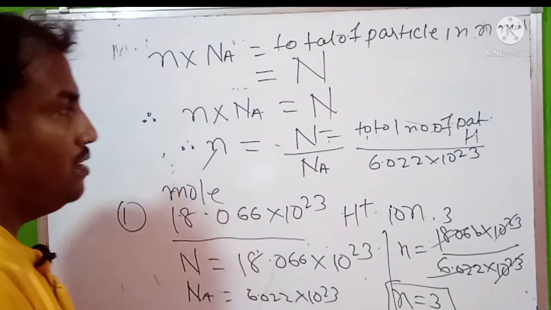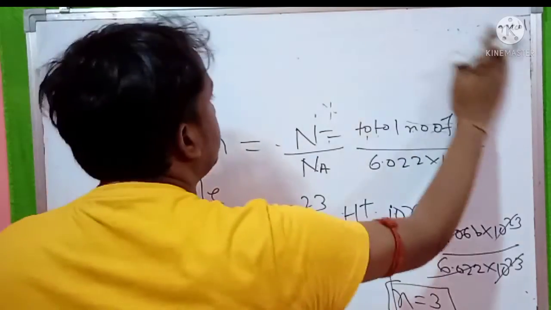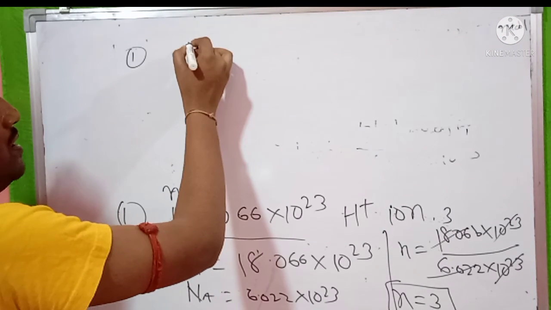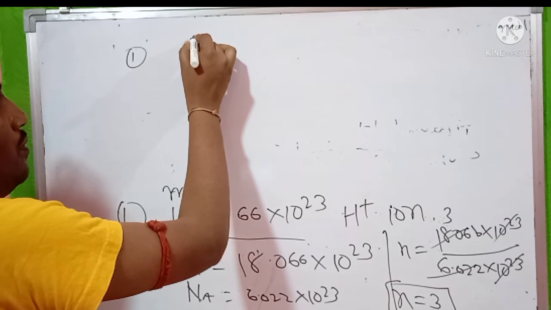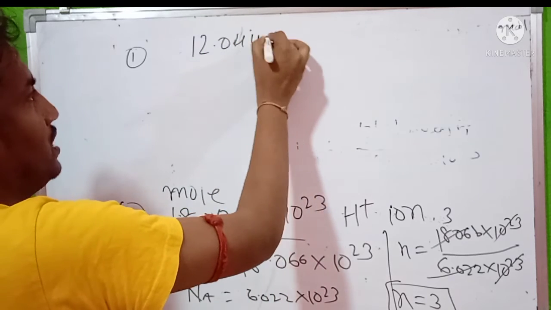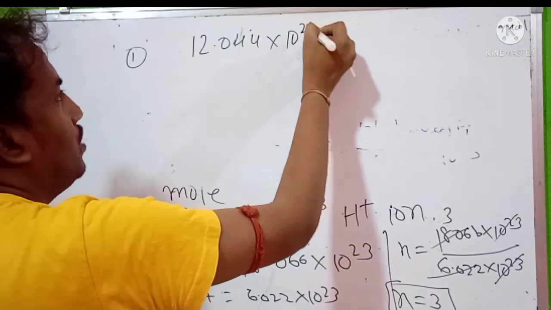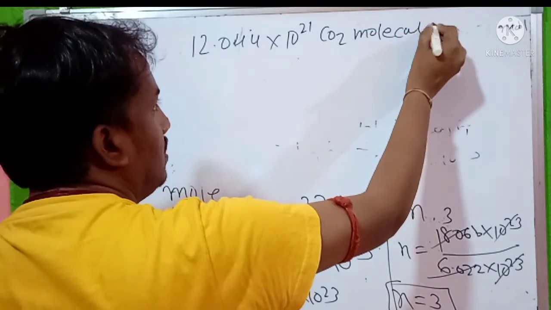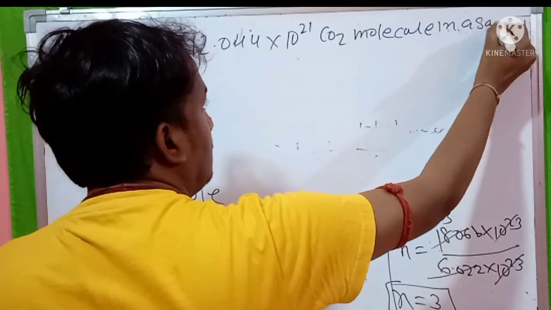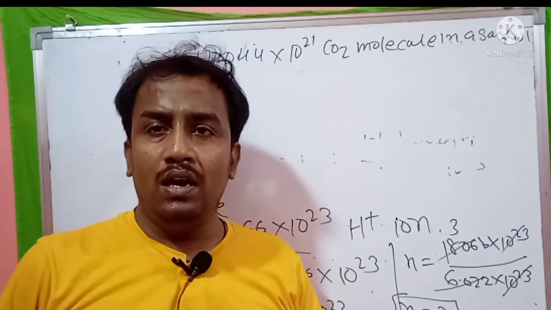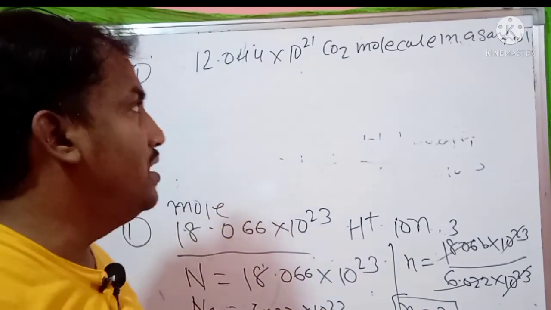Let us have another example. Suppose we have 12.044 into 10 raised to the power 21 CO2 molecules in a sample, say in the room where you study.